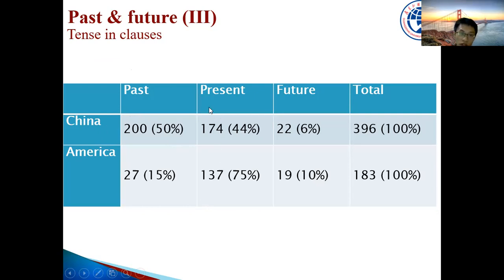While both corpora have a high frequency of present tense, the Chinese one has more past tense than the American one, while the American one has more future-oriented tenses. The Chinese pandemic section mainly introduces the efforts taken by the university to fight against the pandemic, while the American one is mainly about planning, which is future-oriented.